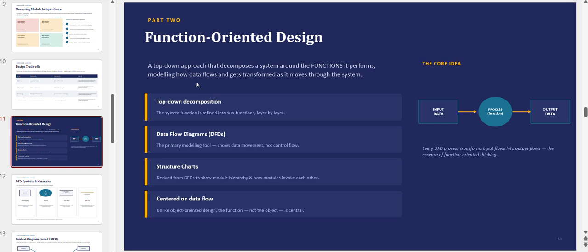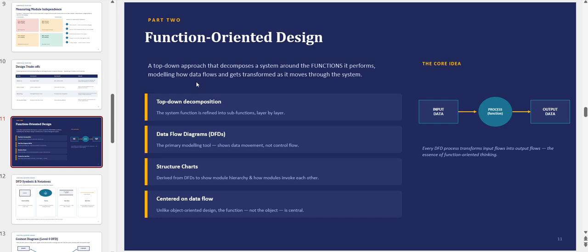When input data is given to a process, output data comes out. Every DFD process transforms input flows into output flows. This is the essence of function-oriented thinking.